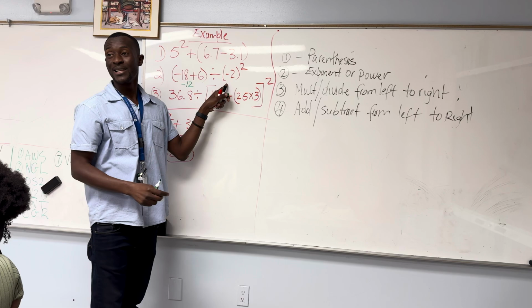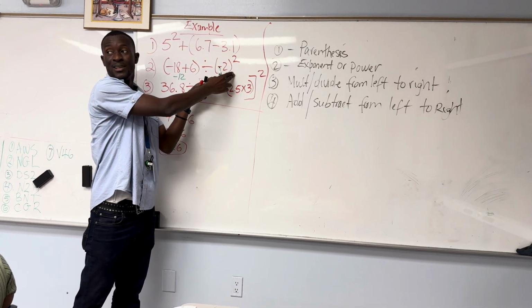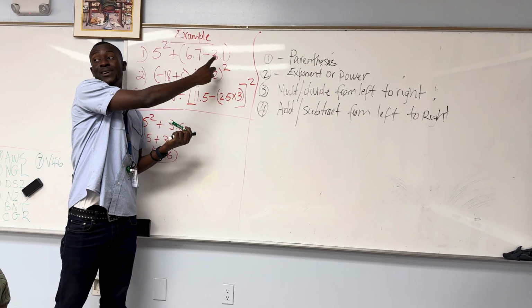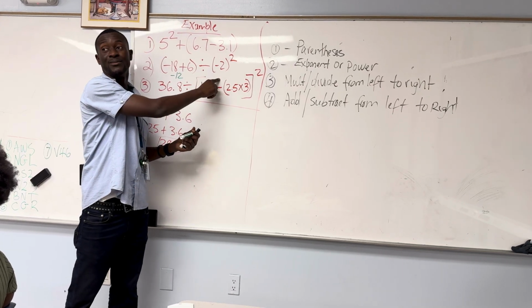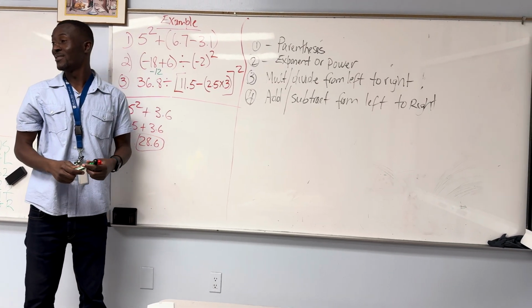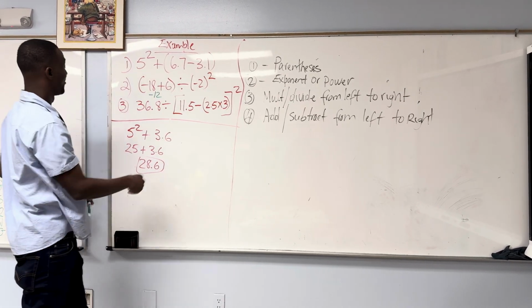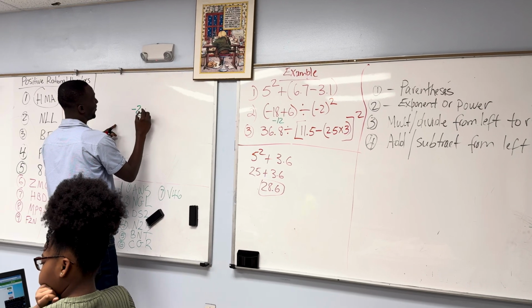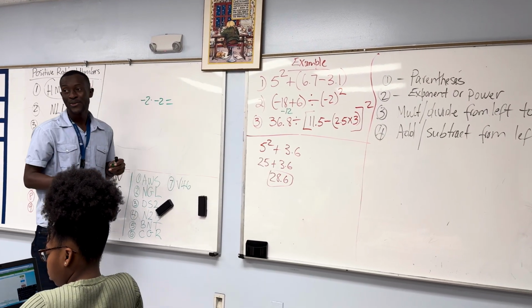The next thing we have is power. The parentheses show that it's a negative base, right? That's why we put the parentheses so you can see. So negative 2 to the second power. I know we just went over integers.